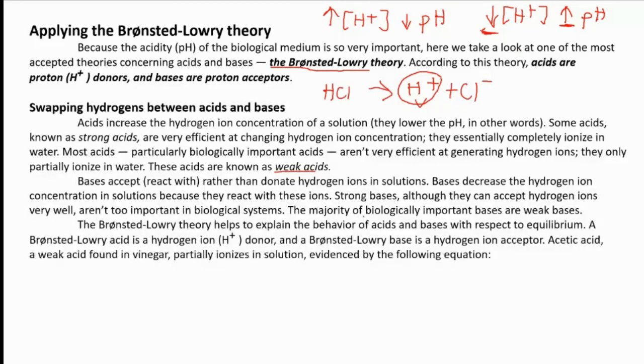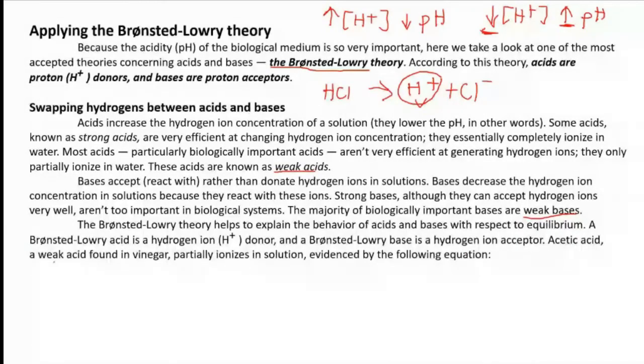So, strong bases, although they can accept hydrogen ions very well, are not so important in biological systems. So, yung mga biologically important bases din are weak bases. Okay? So, the Bronsted-Lowry theory helps to explain the behavior of acids and bases with respect to equilibrium. A Bronsted-Lowry acid is a hydrogen plus donor, and a Bronsted-Lowry base is a hydrogen plus acceptor.